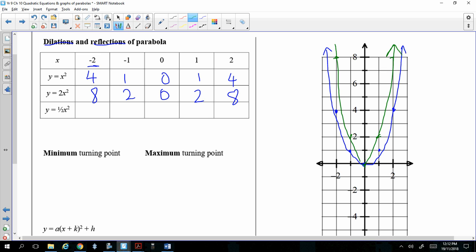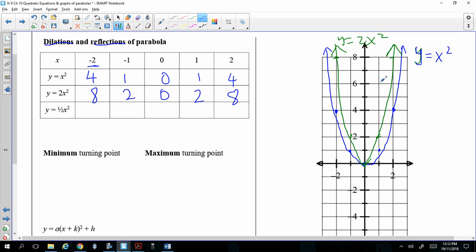Right, so that's your more narrow one. y equals 2x squared. This one is y equals x squared. Like that.